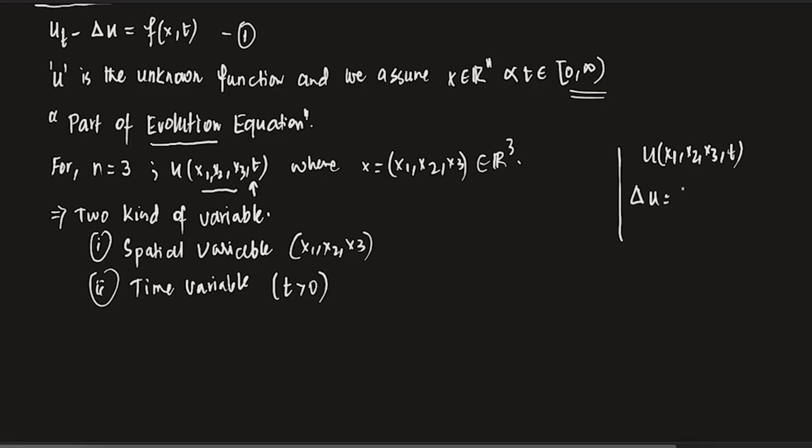It is essentially the sum of u x_i x_i plus u tt, right? That should be the Laplacian, because generally speaking, if it is written as Laplacian of u, it means this. But here this is not the case. Clear?